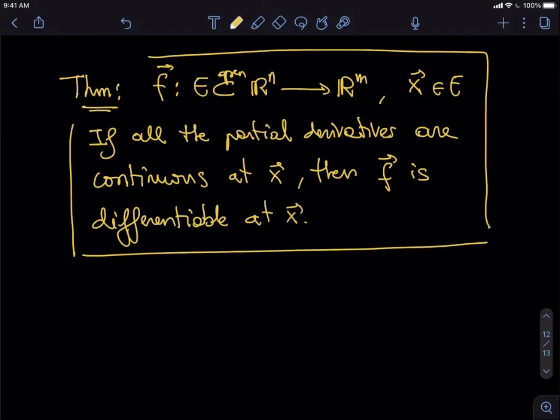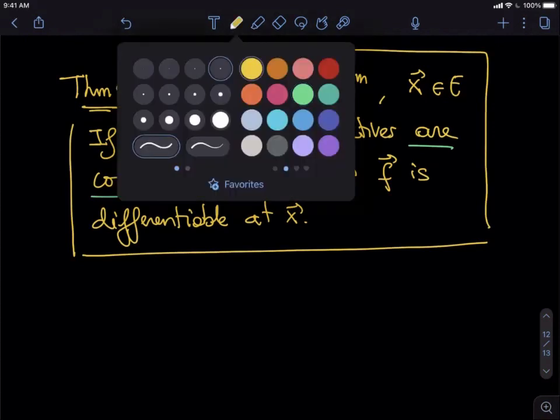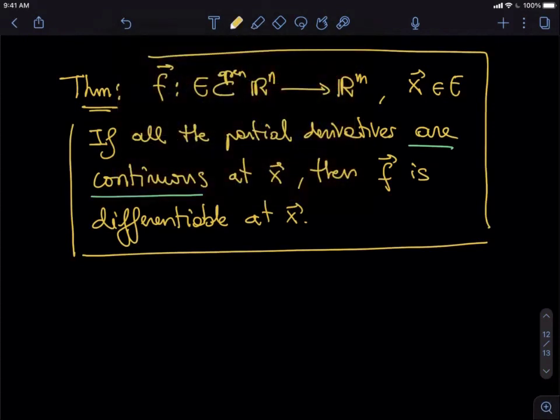And here, notice the key point is that the partial derivatives are continuous. Before we were saying if they exist, that does not imply f is differentiable. But if they exist and are continuous, then it's okay. Because then we prevent that issue that we were talking about from happening. There will be no case like the one we were discussing.